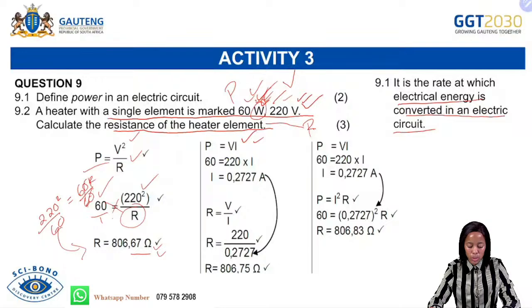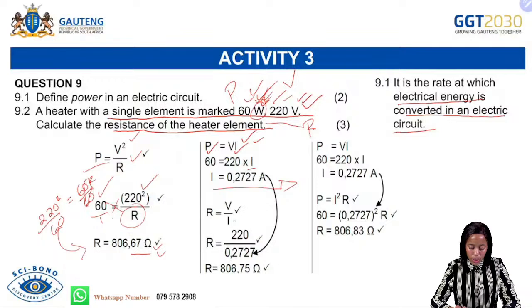For option number 2, you can use P is equal to VI, whereby you substitute your power, substitute your potential difference, and then you can calculate the current there.